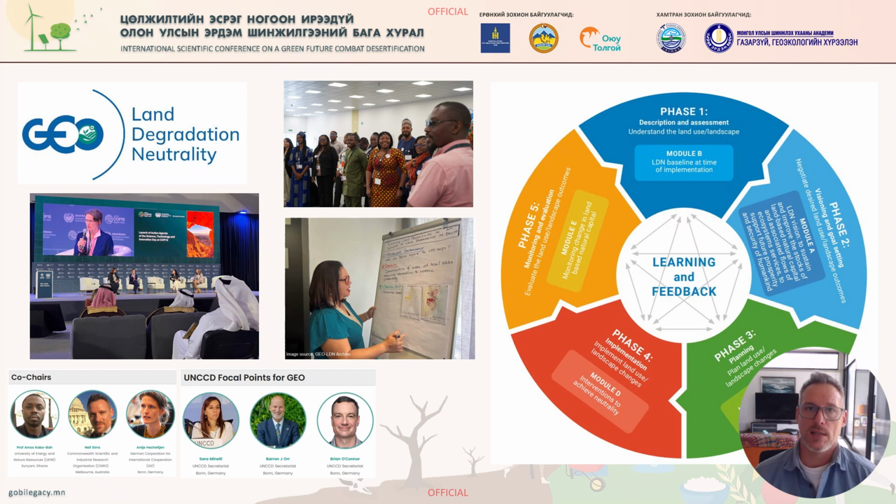There has been a great incentive, an interest in making sure that the global reporting mechanisms are adapted by countries to meet their own needs, and so we're trying to support that.